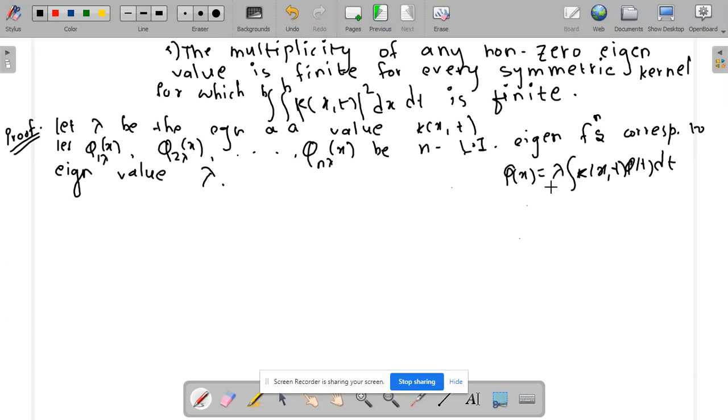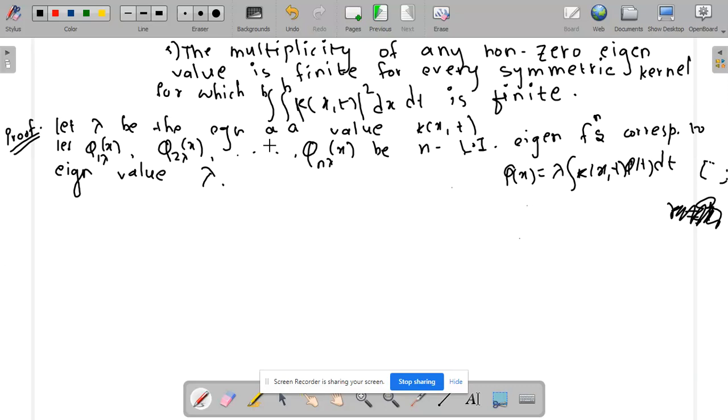But if you remember, when we studied the Fredholm alternative theorem, I told you that corresponding to one eigenvalue we will get r linearly independent eigenfunctions. In most of the problems we have solved, this r was always equal to 1, because the problems were of that type, with only 2 cross 2 matrices and so on. But in general, corresponding to one eigenvalue, we will have some finite number r of linearly independent eigenfunctions.